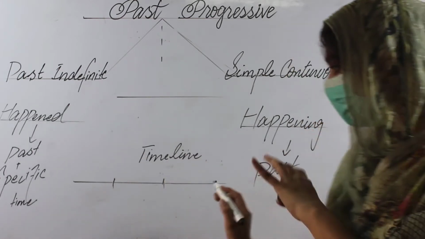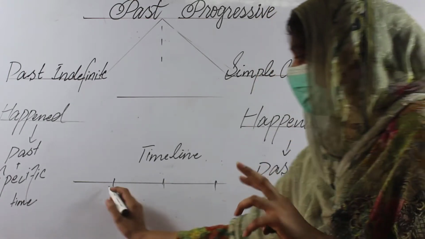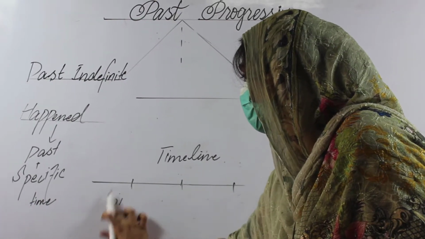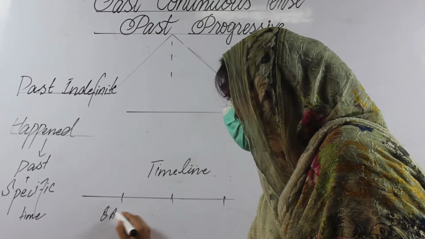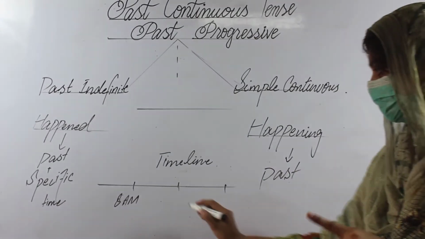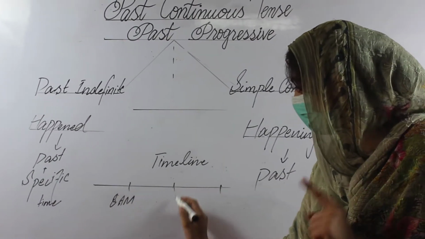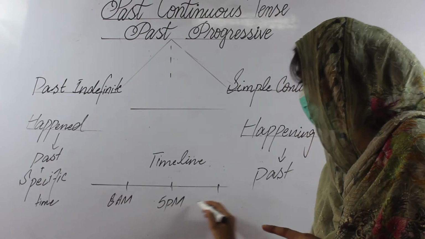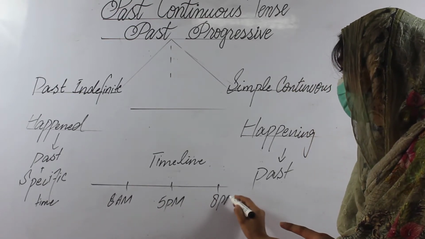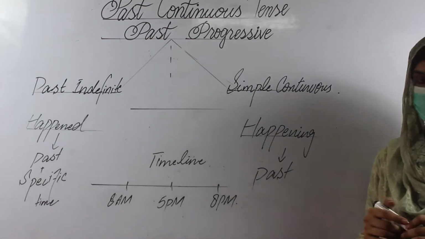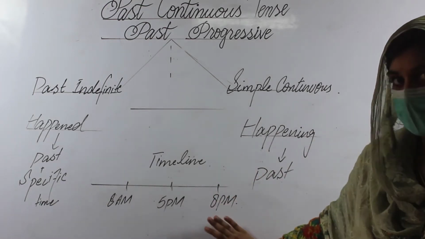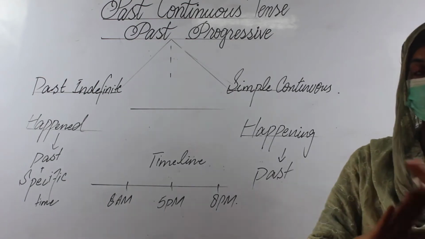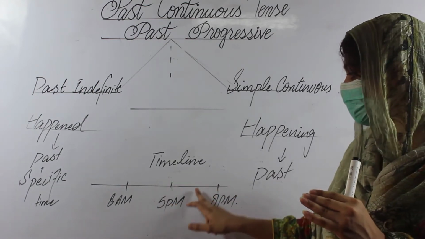In the first portion I write 8 a.m., then 5 p.m., and again 8 p.m. I draw a line and divide it into 3 portions just for clarification, just for comparison. So here's the timeline.